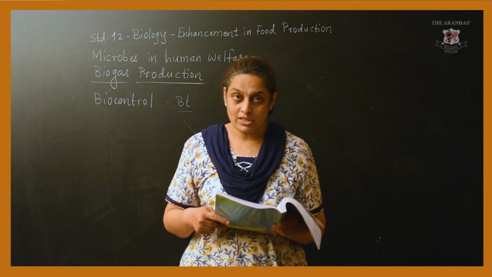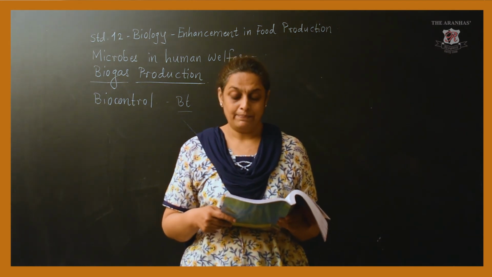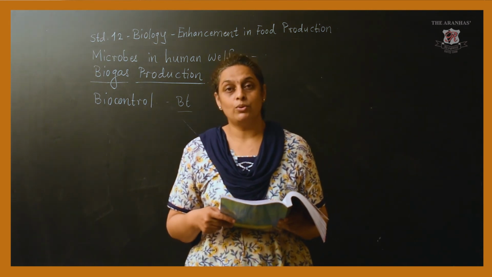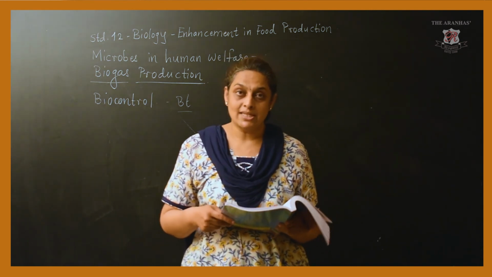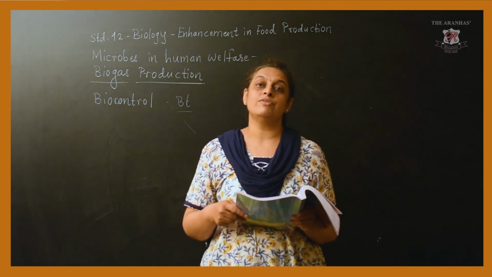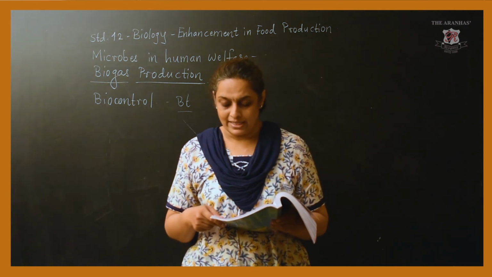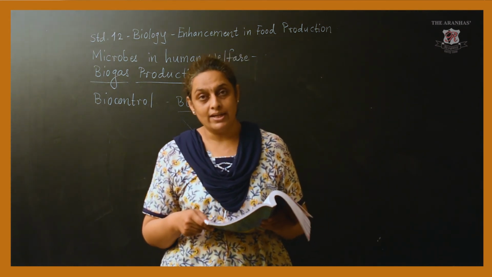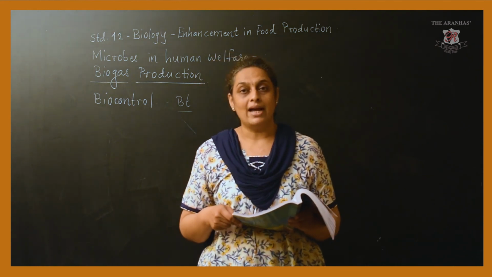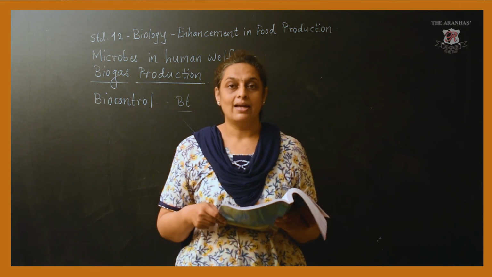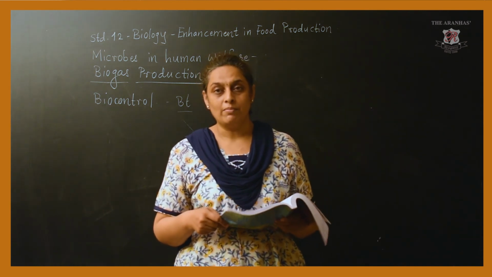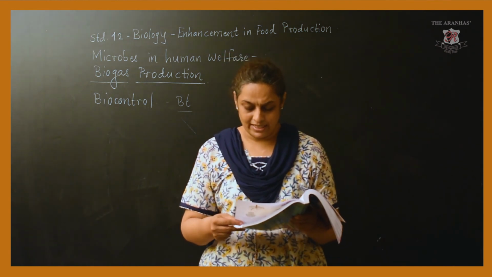There are hormones which are produced by them, and they also offer protection to the host plant. So this is how, in addition to the root system and fertilizers which are added, mycorrhiza, they provide nutrients and other benefits to the crops or plants so that they grow better, and they are also protected from infections or diseases.